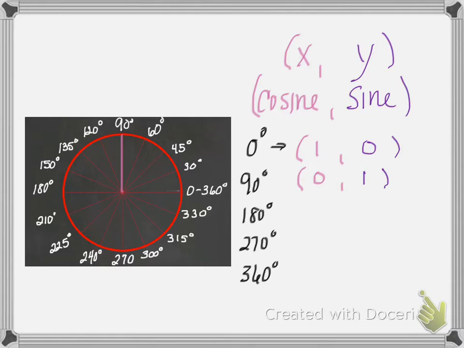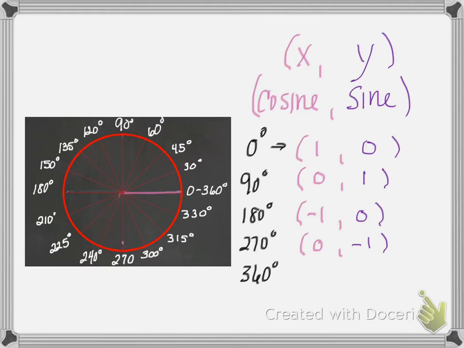When x is 0, y is 1, so the sine of 90 degrees is 1. At 180, we are now -1, and the y value is 0. Sorry, the cosine of 270 is 0, but the sine is -1.